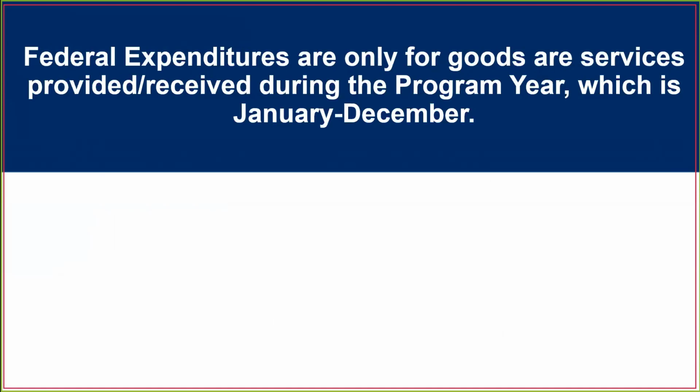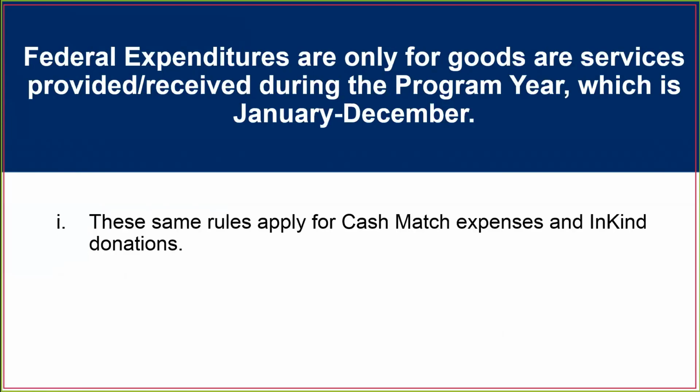So federal expenditures are only for goods and services provided or received during the program year, which is January through December, so it's on a calendar year. These same rules apply for the cash match expenses and the in-kind donations. Sometimes I've had discussions with people, and there's been this discussion of, oh, but that's cash match, or oh, but that's in kind, as if it's different than the federal funds, and it needs to be thought of as the same.